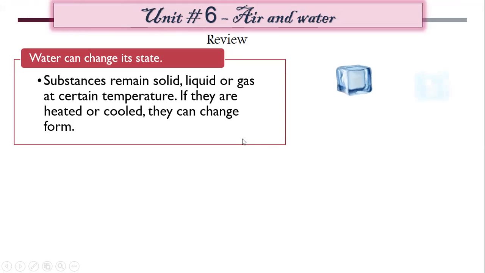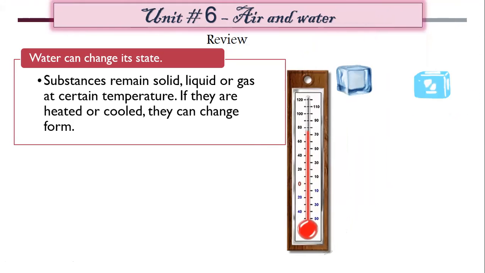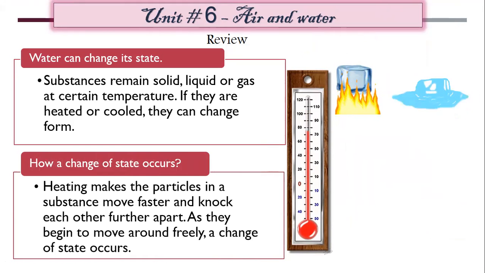When temperature goes back above 32 degrees, then what happens? Ice becomes liquid, again a process known as melting. Now we know what happens to water when it gets cold.